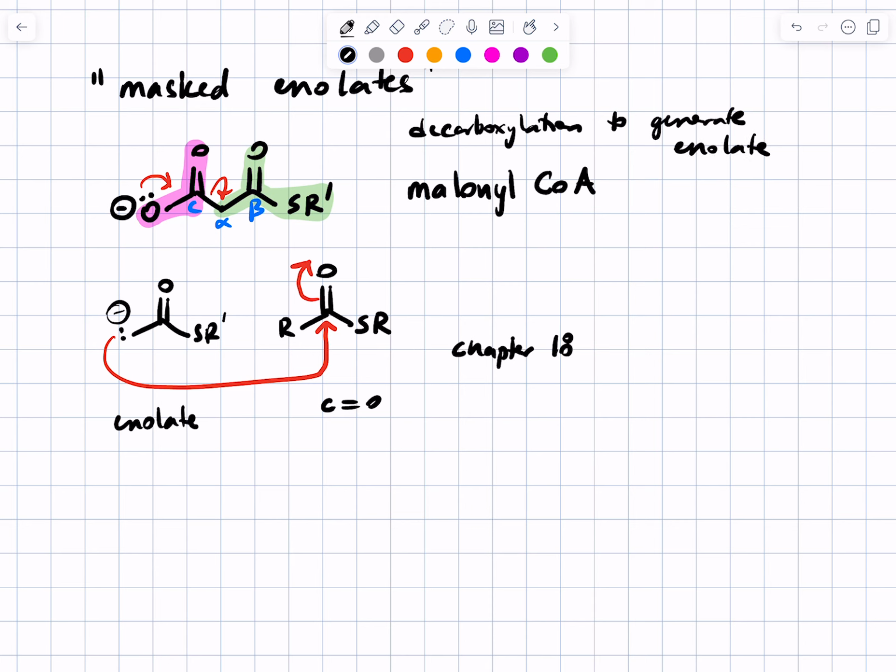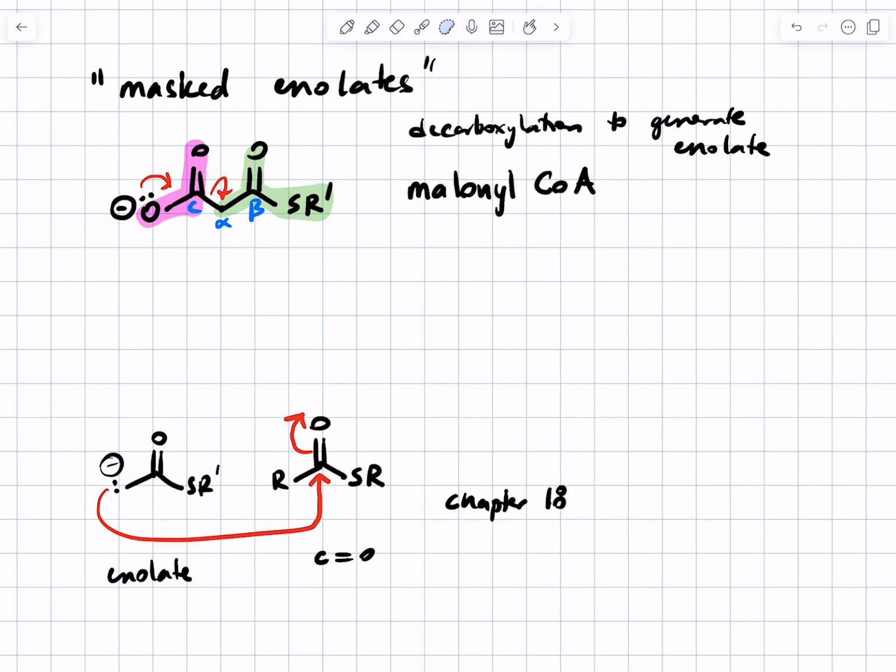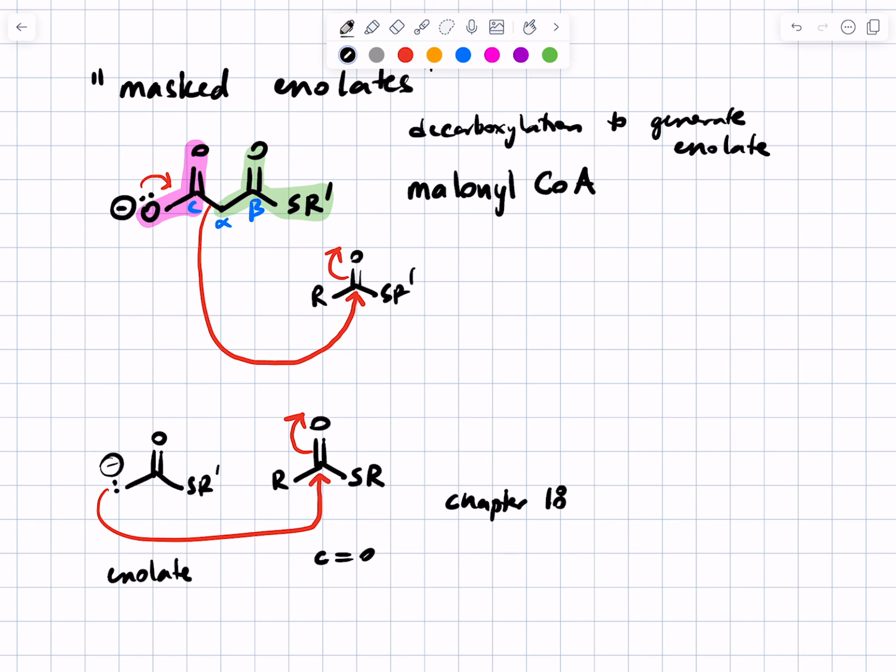In fact, most of the time people will not bother to draw the enolate on its own. Instead, most people will draw, as the carboxylate group is kicking the enolate off, the electrons in this carbon, alpha carbon bond going directly to attack the electrophile.